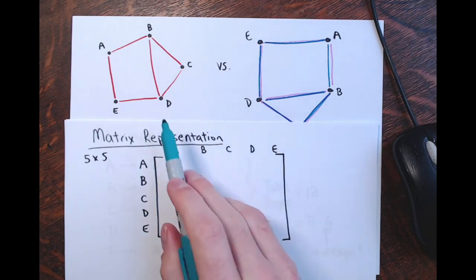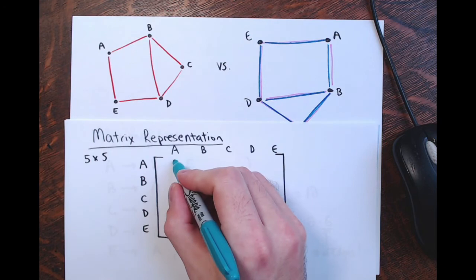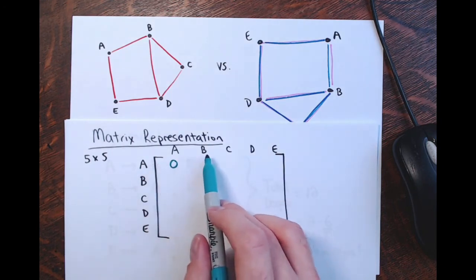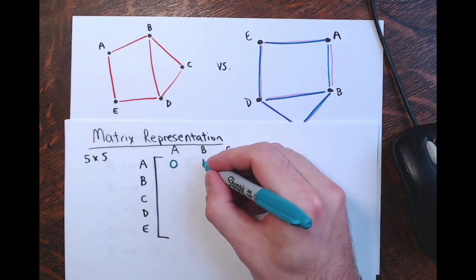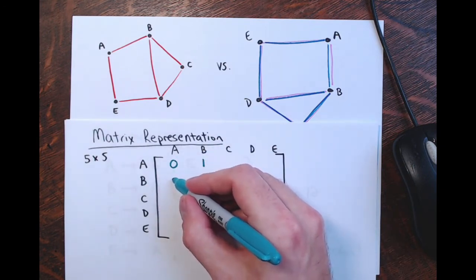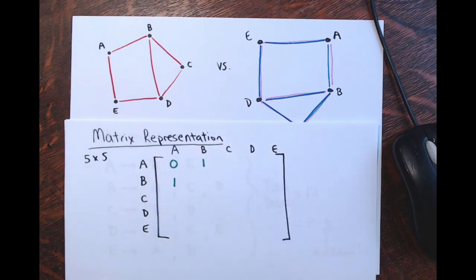So remember, these are simple graphs, so there is no self loop. There is no edge from A to A, so I put a 0. Then from A to B, yes, there's an edge, so 1. And from B to A, same thing. This should be symmetrical down the main diagonal.